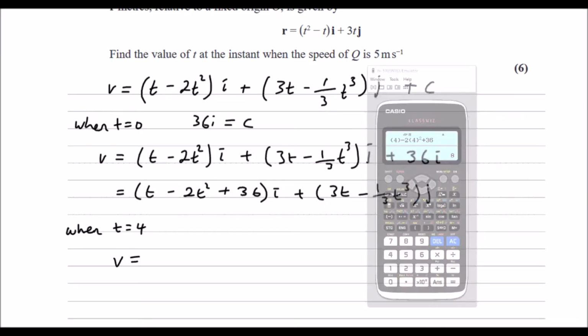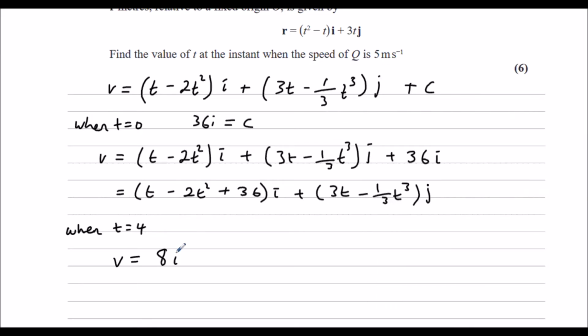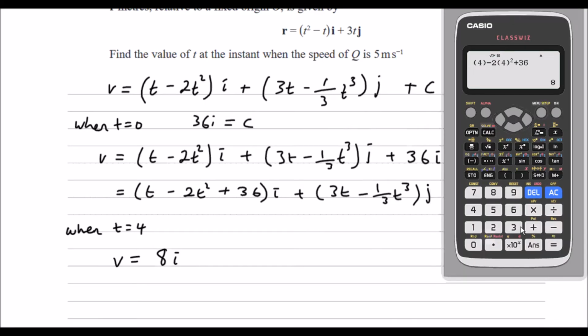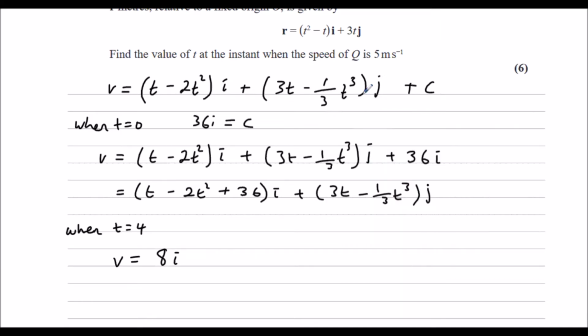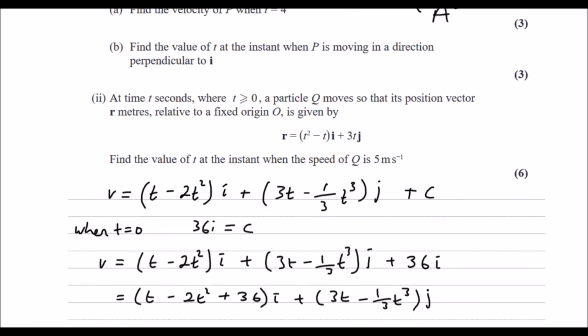So that's 8. That's 8i. And for our j's, we've got 3 times 4, minus 1/3 of 4 cubed, which is minus 28 over 3. So there's our velocity when t equals 4.